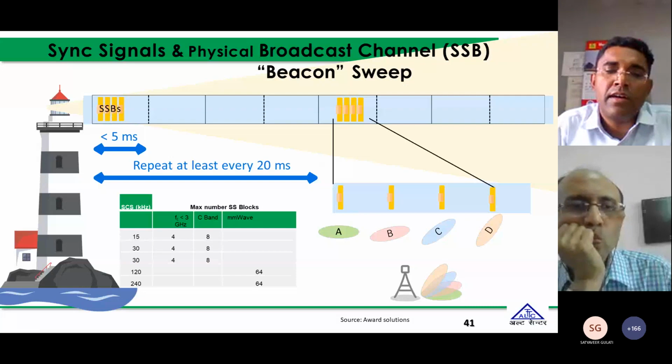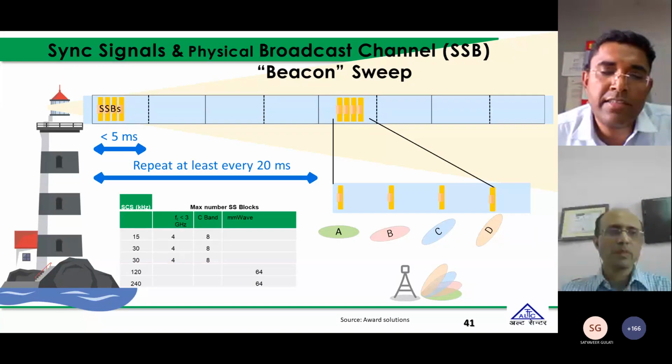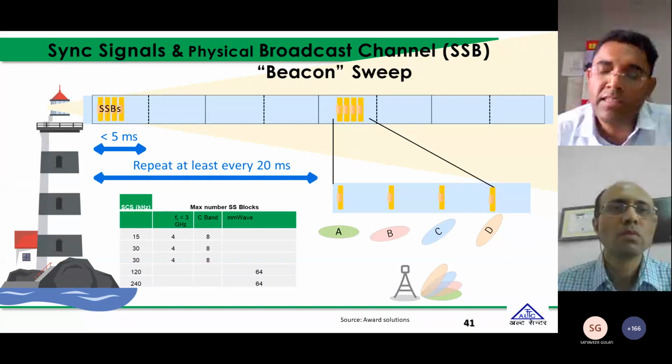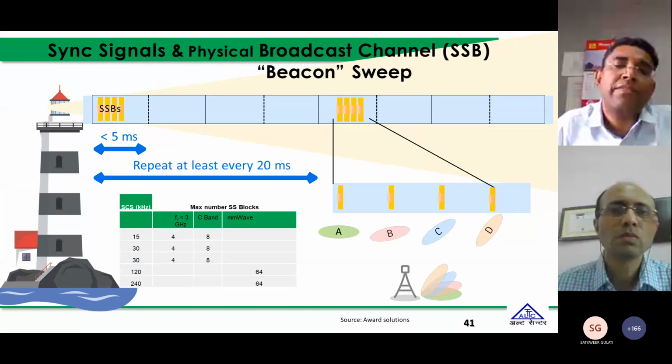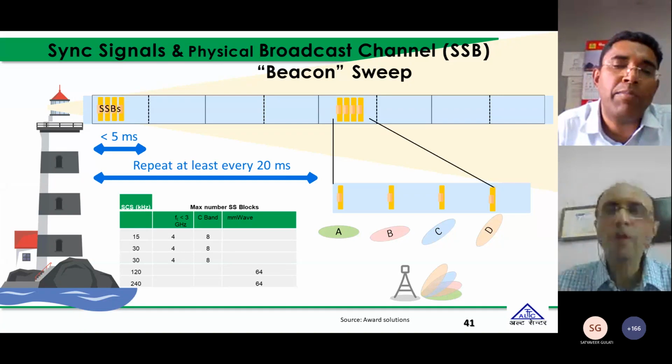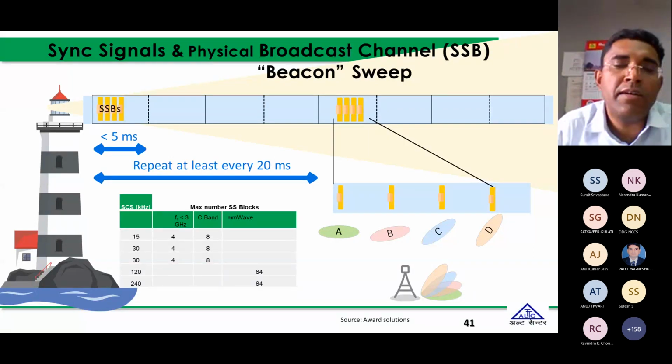This is how the beams actually move. This beam is calculated with a predefined weight. This is analog beamforming. This SSB beam is analog beamforming, or we can say static beam, applying predefined weights. The G node B applies the predefined weight so that it transmits in the specific direction with a specific beam width.